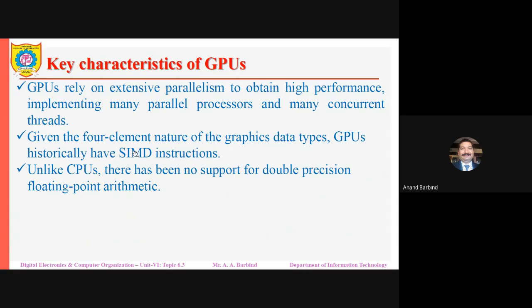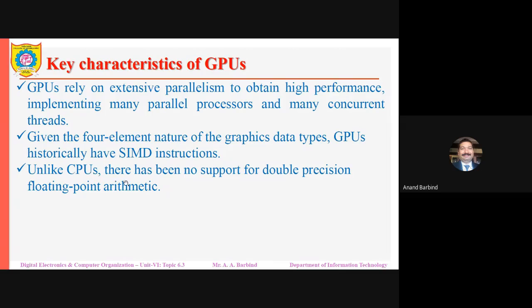We have seen the different parallel organizations, and SIMD, that is single instruction multiple data streams. A single instruction operates on multiple data, and such instructions are popularly used with GPU processors, whose architecture is like SIMD.